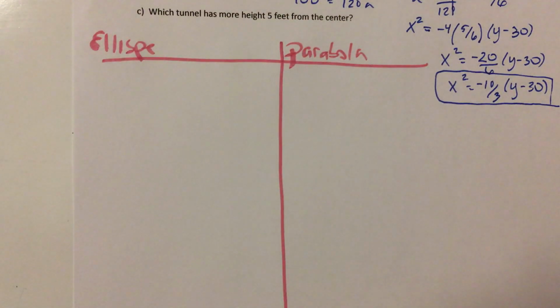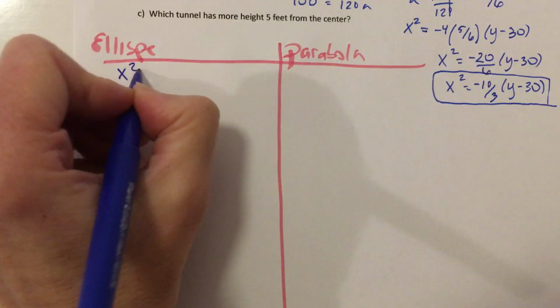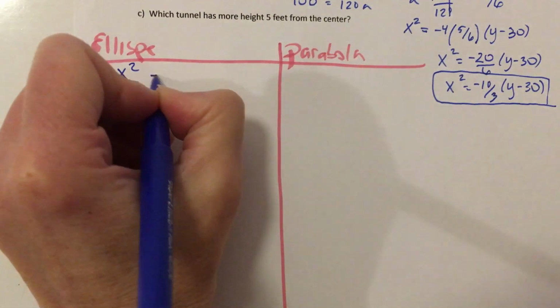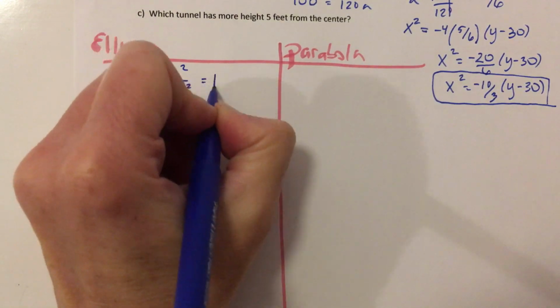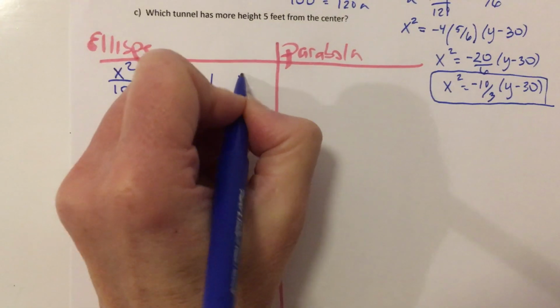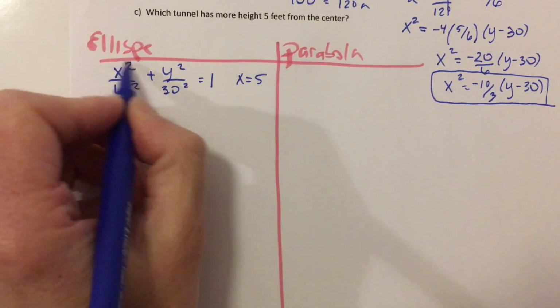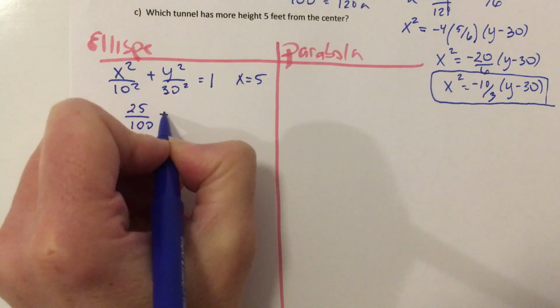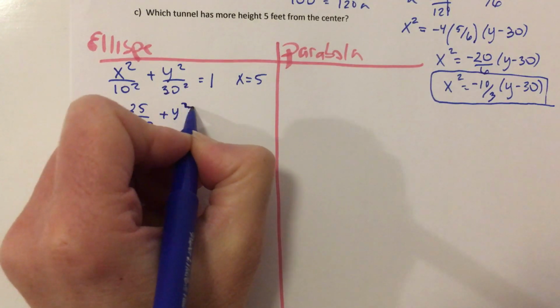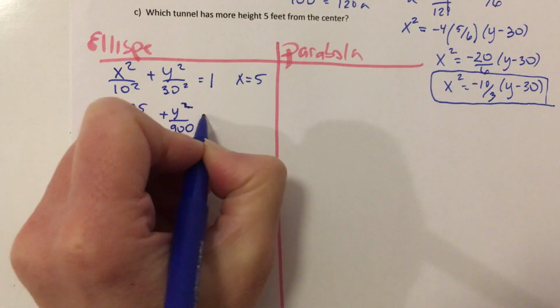So the ellipse, we have x squared over 10 squared plus y squared over 30 squared equals 1. And 5 feet from the center means x equals 5. So I'm just going to put the 5 in there. I get 25 over 100 plus y squared over 900 equals 1.